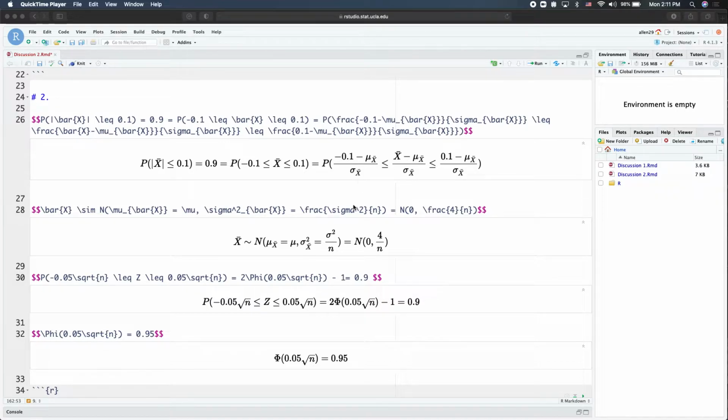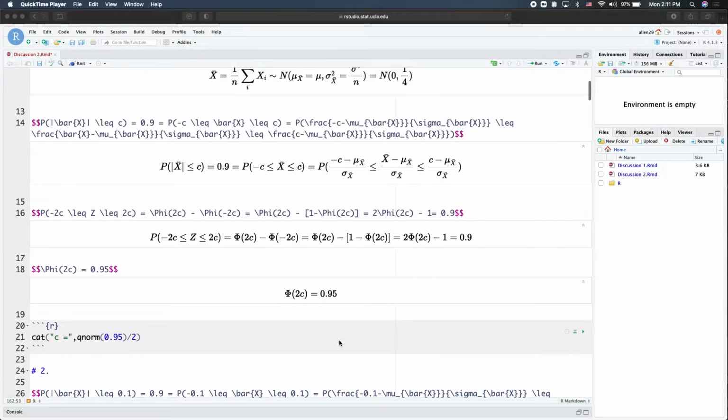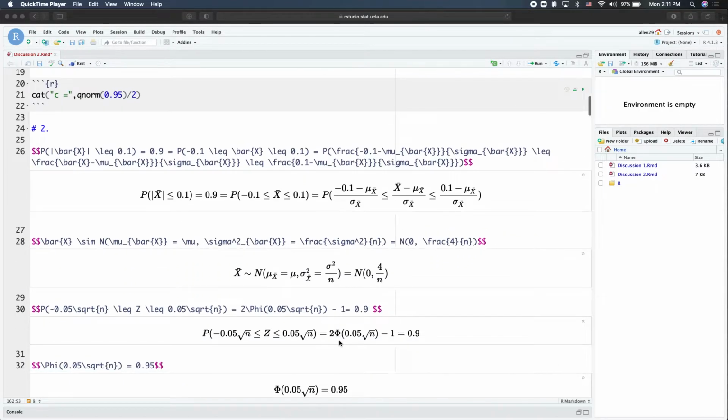And now we can just plug in the number to mu of x bar and the standard deviation of x bar into this form with the n, implicitly or plugged in as an expression here. And then basically it's the same idea. Instead of solving for c, now we solve for n. But the idea is very similar to question 1, except that we are solving for n.